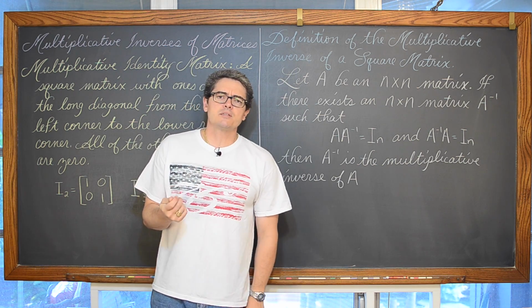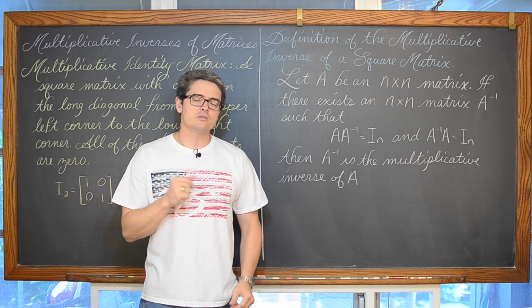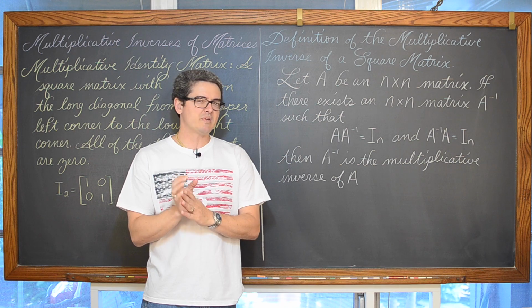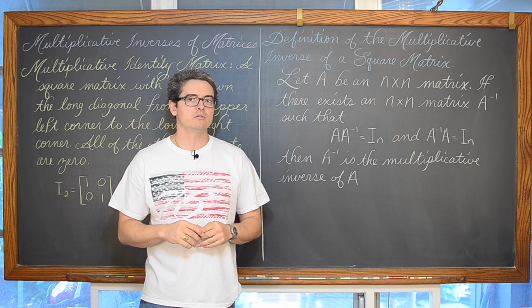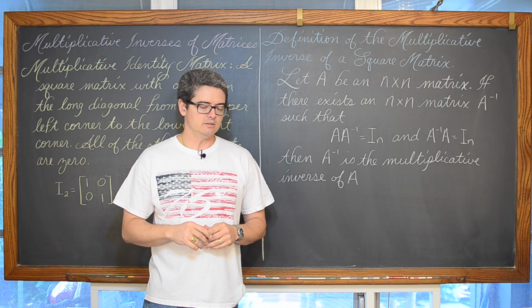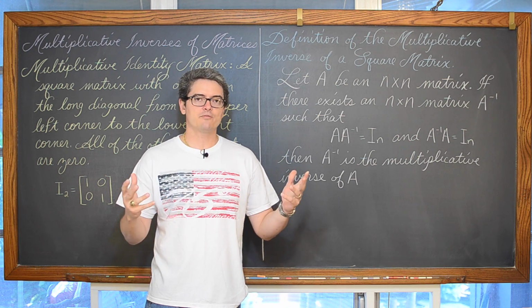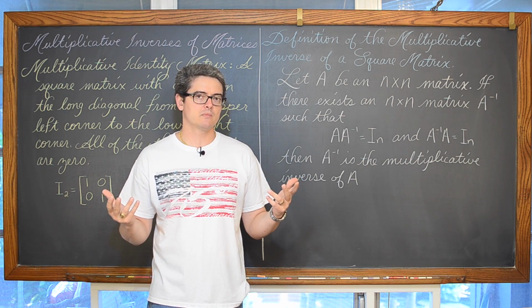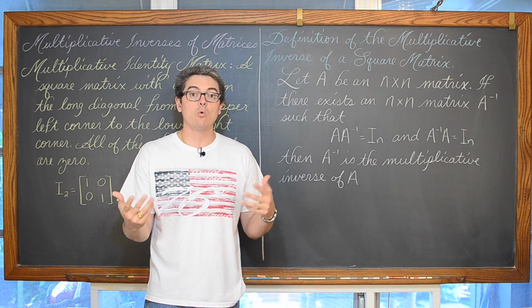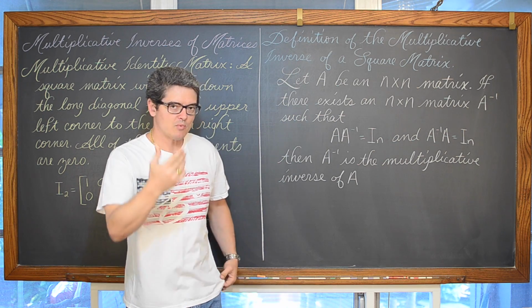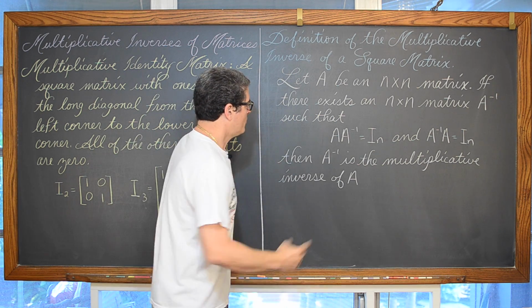From our previous lesson dealing with matrix operations, we learned that the multiplication of matrices is not a commutative process, even if the matrices are the same order, the same size, with the same number of rows and columns.